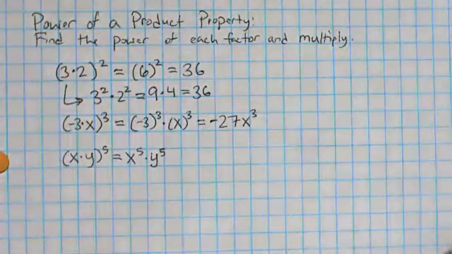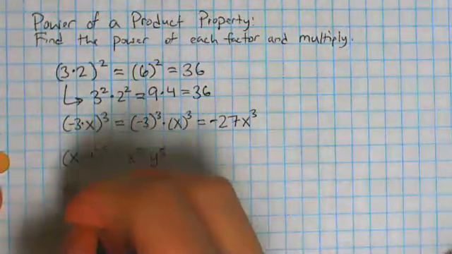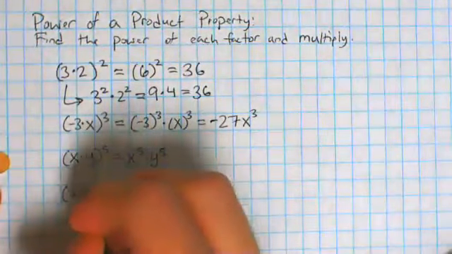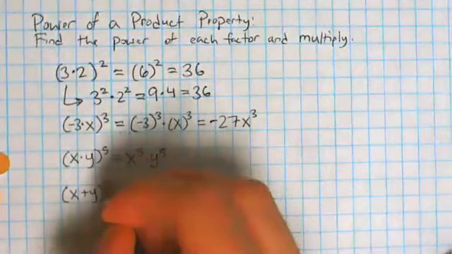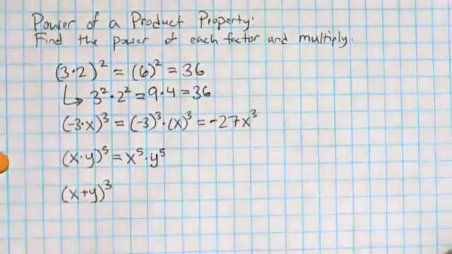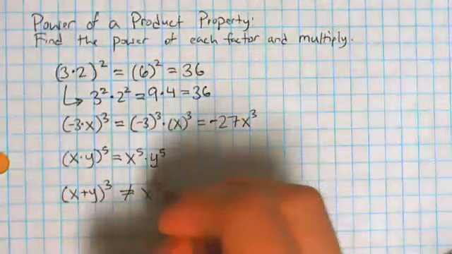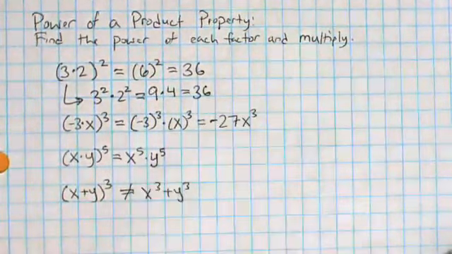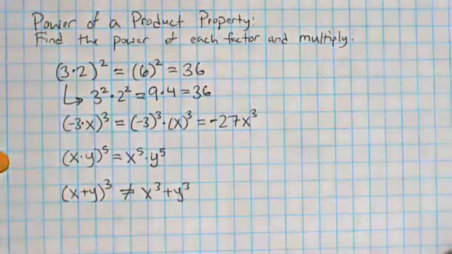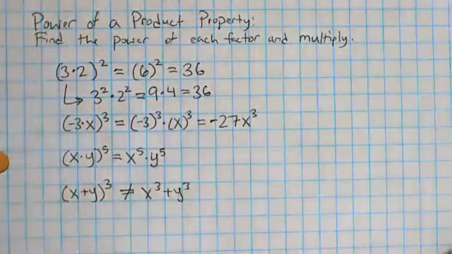Now, there's a couple of things you're going to want to watch out for on this. The first one is the power of a product rule does not work for something like this: x plus y, cubed. This does not equal x cubed plus y cubed. The power of a product rule only works if we have a product, meaning if the things inside are multiplied by each other.